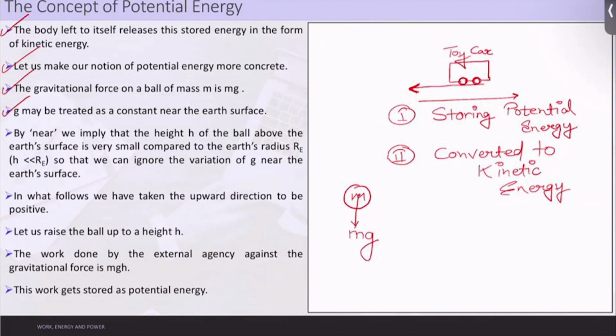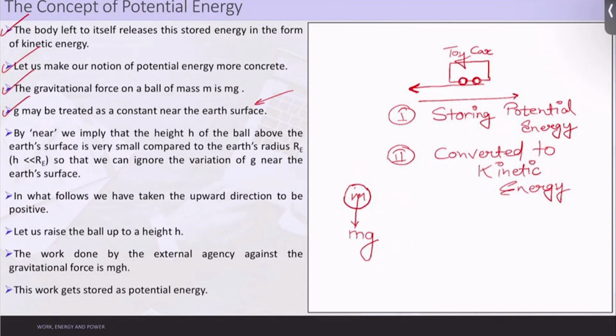Here, g may be treated as a constant near the earth's surface. You will understand more about this in the chapter of gravitation: g also varies, but if the height of this movement of the ball is very small compared to the radius of the earth, then the value of g can be taken as constant.